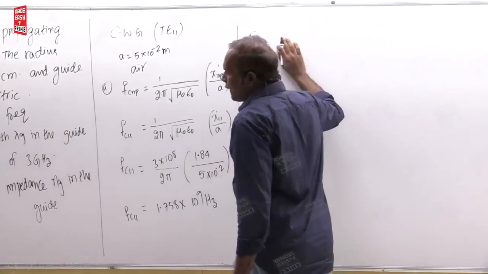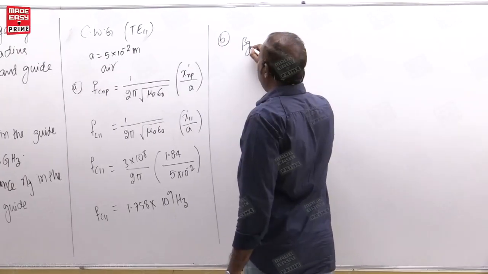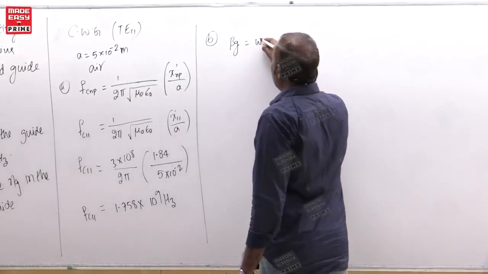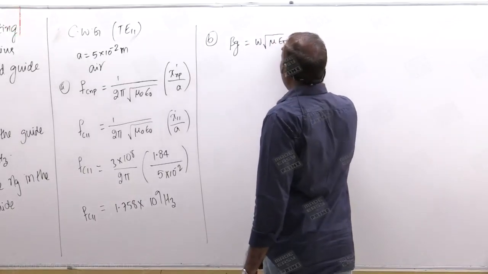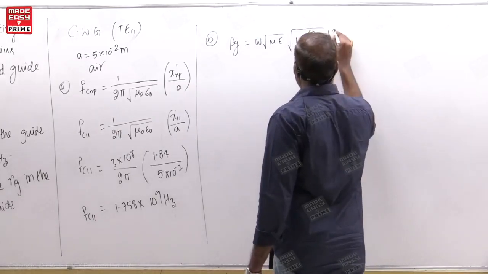Now determine the wavelength lambda g. For that you first find beta g. Beta g is equal to omega root mu epsilon times root of 1 minus fc np divided by f whole square.